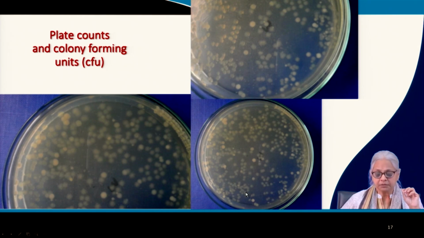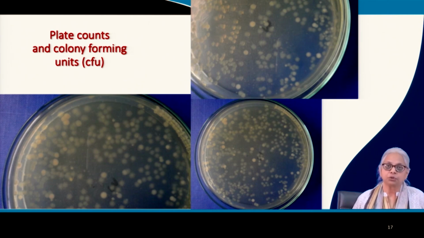So there are grayish colored colonies, there are bright yellow colonies, and there are bright yellow orange colonies. Now each colony represents a different species. Now you need to isolate these species and look at them using biochemical test kits to decipher which one of the species it is. So plate counts will not give you that information unless you are using species specific media.